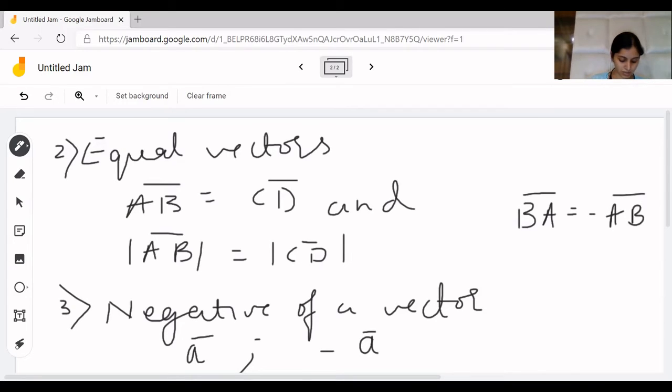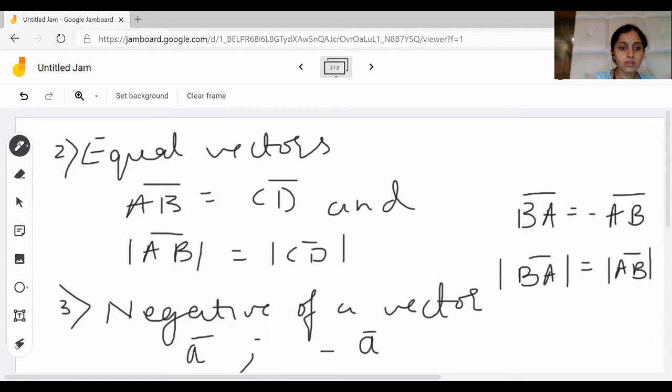That is the negative value of the vector. A vector whose magnitude is the same as that of a bar and which is in the direction opposite to that of a bar is called a negative vector. Basically, we can have two vectors with the same magnitude but going in opposite directions. Then those two vectors are called negative vectors of each other. The main thing over here is that the magnitude of BA bar is equal to the magnitude of AB bar. This we have to remember. In a negative of a vector, only the directions are opposite.